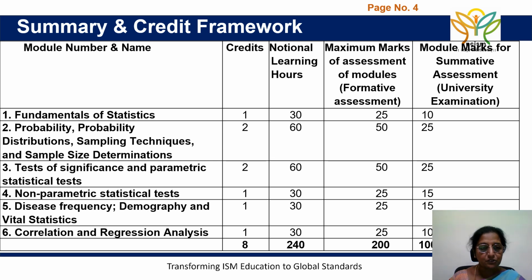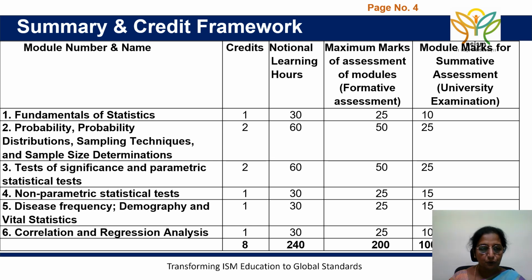Fourth module, Non-parametric Statistical Test, carries 1 credit with 30 notional learning hours, 25 marks assigned for the formative assessment and 15 marks assigned for the university examination.